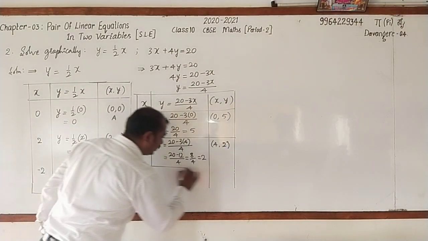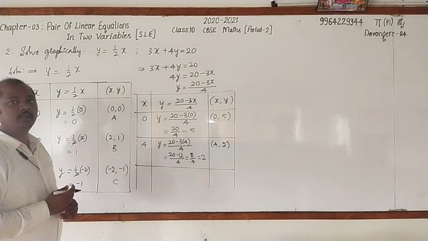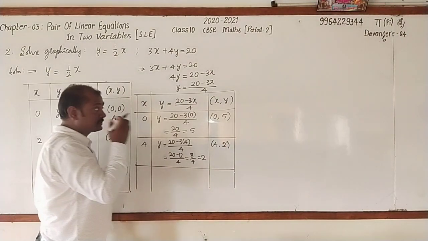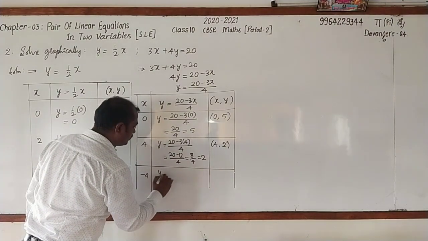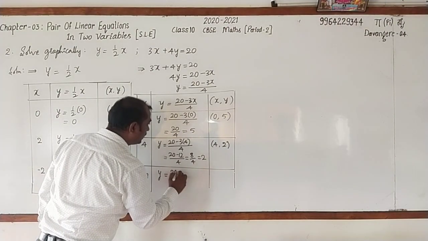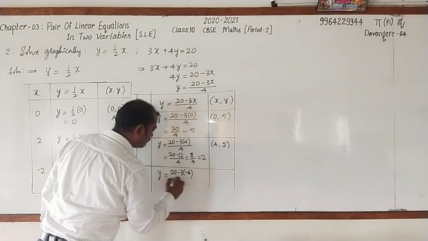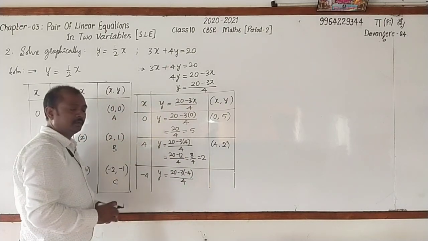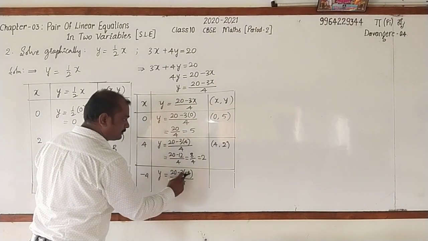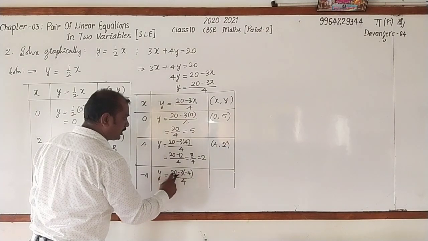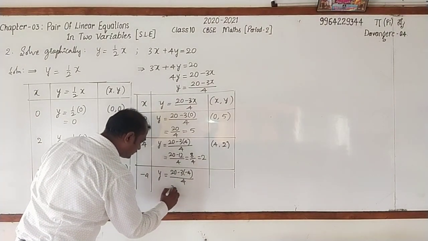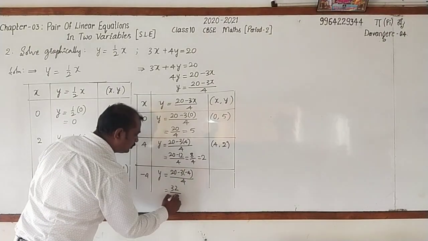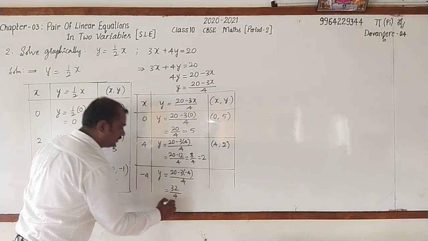Next, if you want, you can go for one more. Let us take minus 4. When you take minus 4, y equals (20 minus 3 into minus 4) by 4. Minus into minus is plus, 3 fours are 12. 20 plus 12 is 32. 32 by 4 is 8.